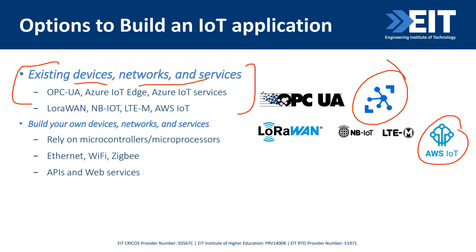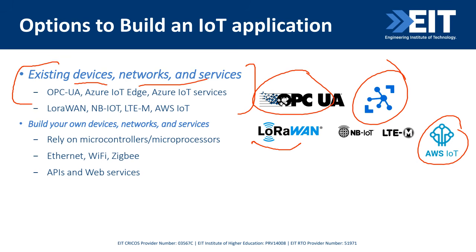any other company. Now, the types of technologies you might be seeing here, you might be using something like OPC UA. It's for communication. In terms of connectivity, you'll see things like LoRaWAN, NB-IoT, LTE-M.